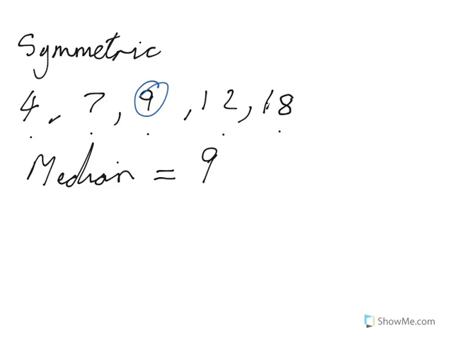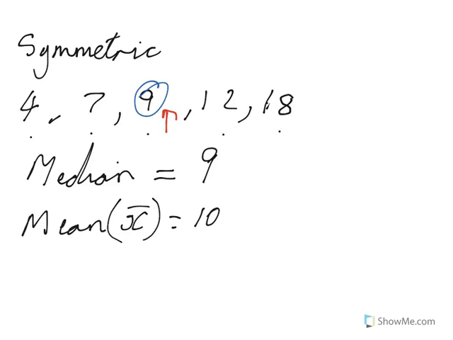I've prepared this earlier: if you add all these up and divide by 5, you find that the mean, x bar, is equal to 10. So the mean is in here, and you can see both of those are close. For symmetric data, both of those are good measures of centre.